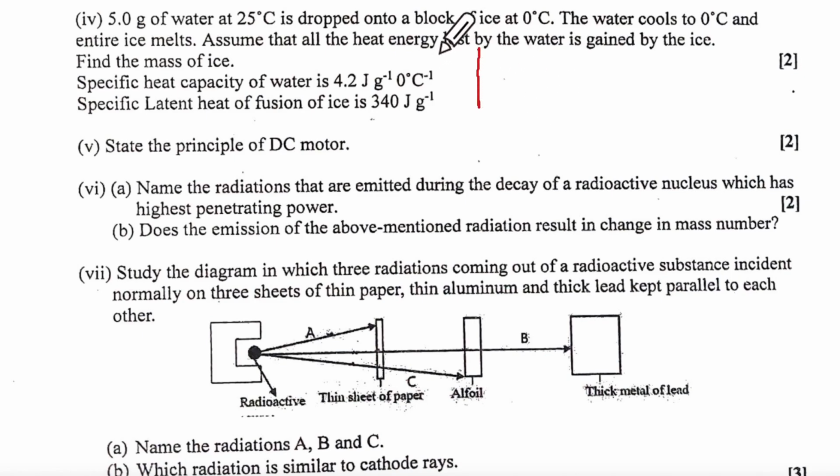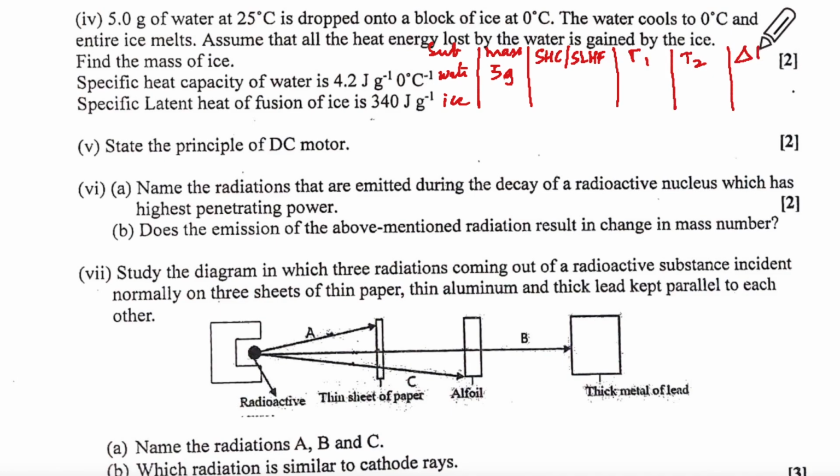So we have the first substance, water, and next one is ice. The second column is mass. For water it is 5 grams. Then we have a broader column here, SHC/SLHF, and then we'll have temperature T1. Please make the columns, it will give you better understanding.